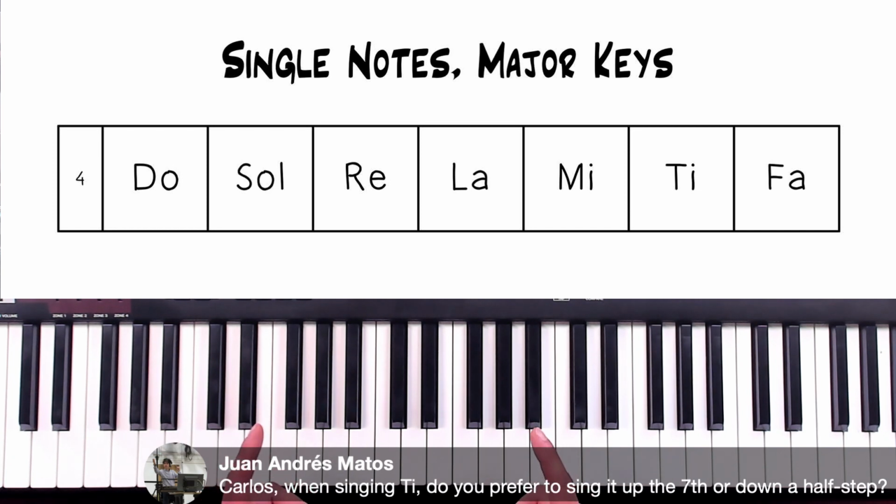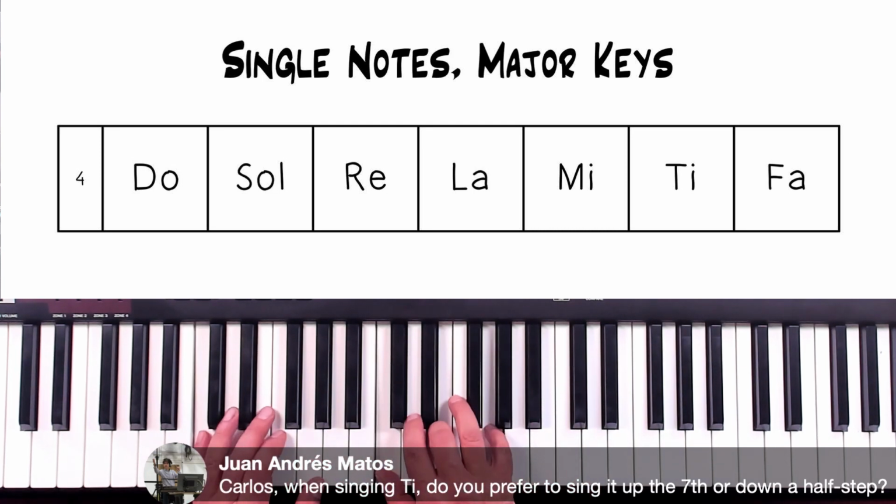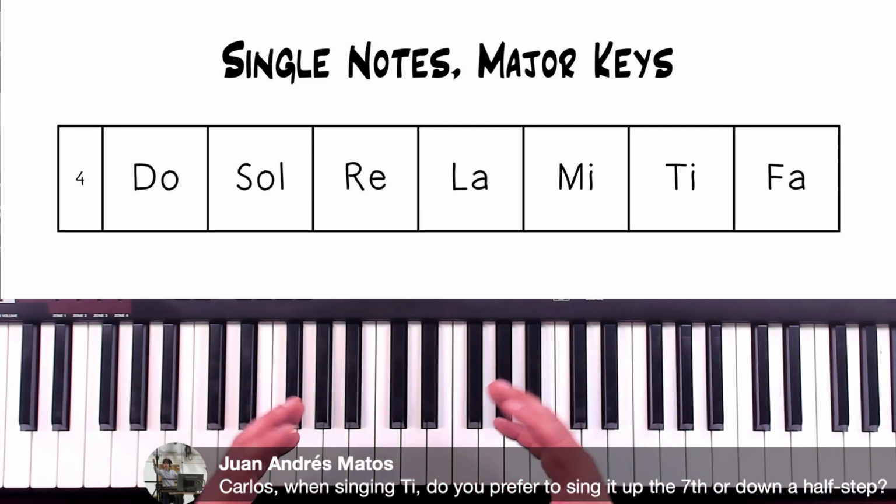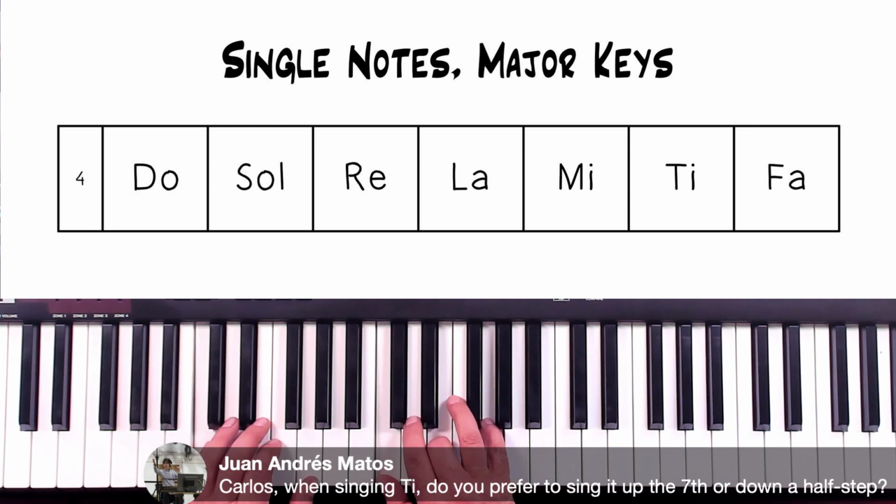Okay, this is an interesting question. What I would do is, at the very beginning, we can try singing it up, or if we want to feel more comfortable, singing down. But what we want eventually is to hear every note as a color, so the perception is effortless.